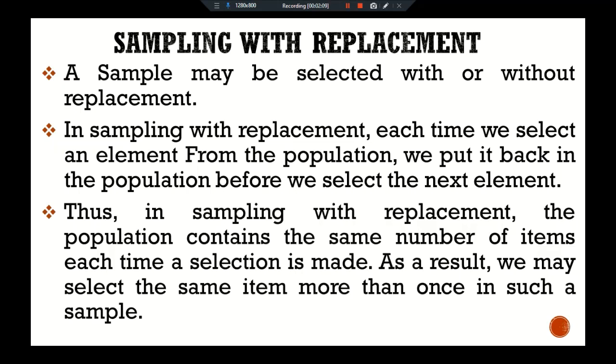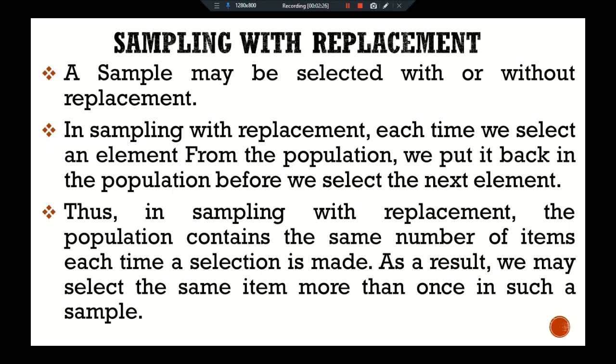Thus, the population contains the same number of items each time a selection is made. As a result, we may select the same item more than once in such a sample.